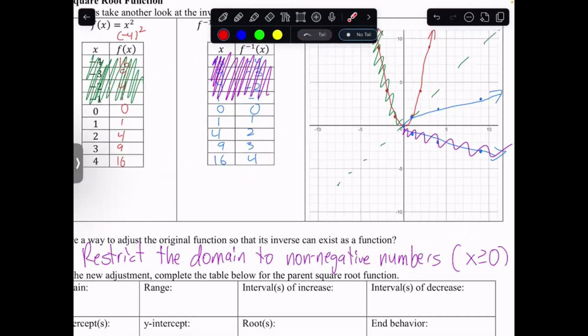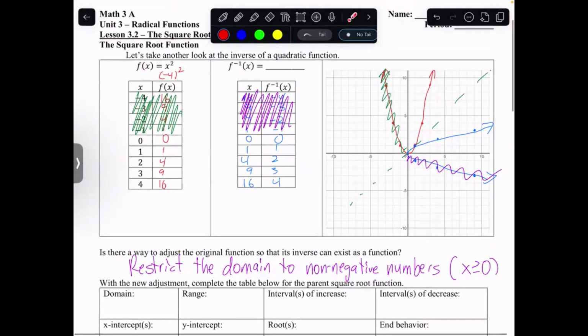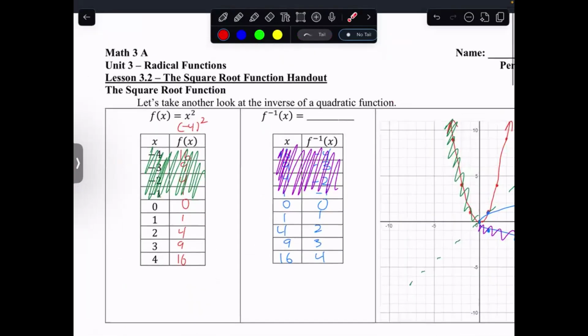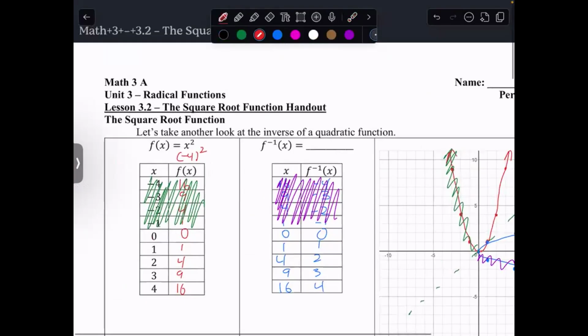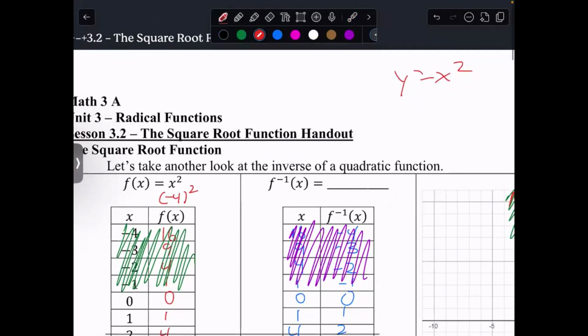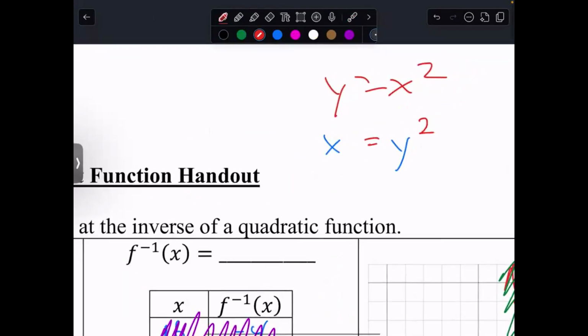So what is this new inverse function? Remember, the original function is y equals x squared. Last class we learned how to find the inverse algebraically: you switch x and y, and then you get the new y by itself.